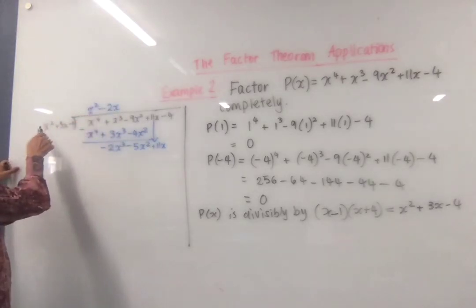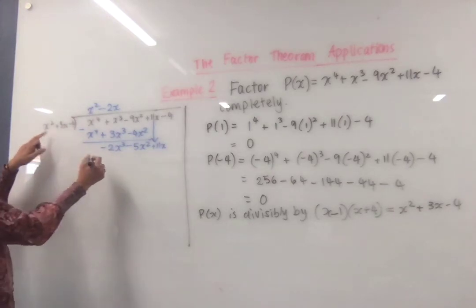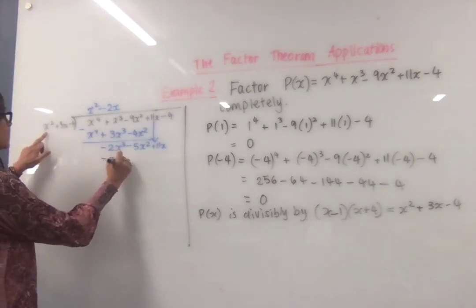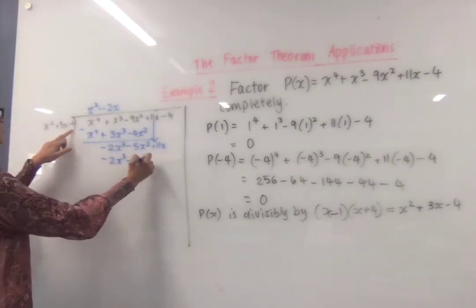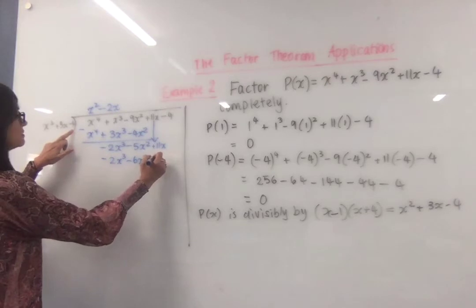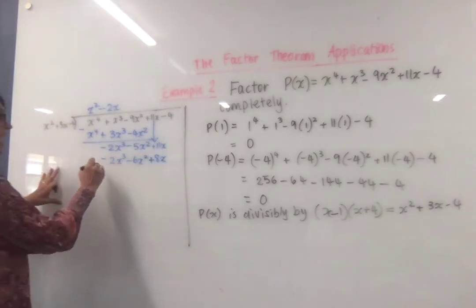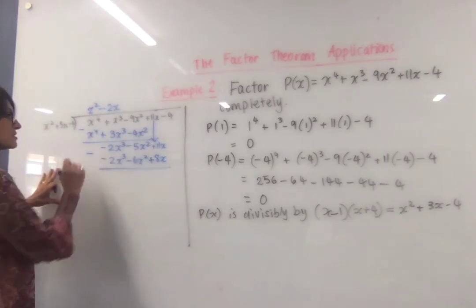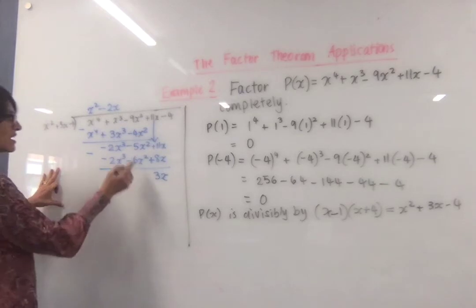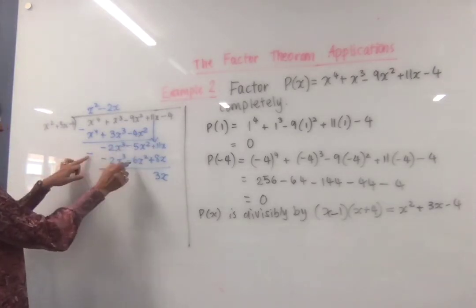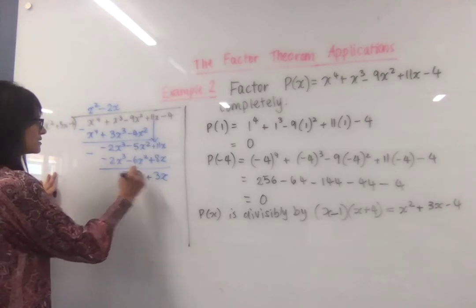And now we multiply -2x times all of this, which is -2x cubed minus 6x squared plus 8x. And now we subtract. 11x minus 8x is 3x. -5 plus 6 becomes x squared.